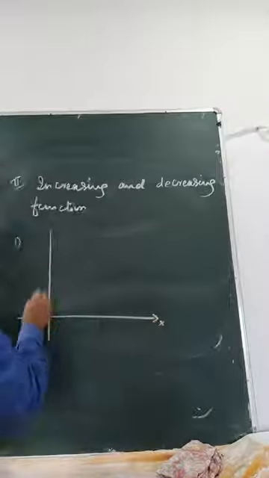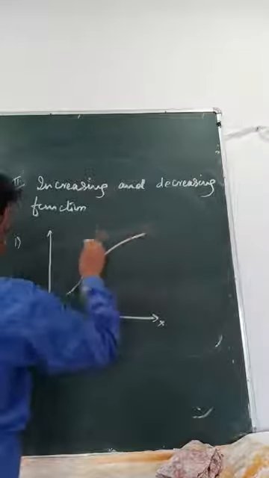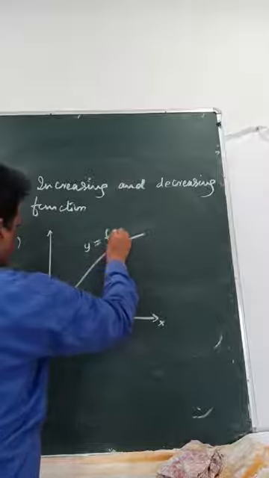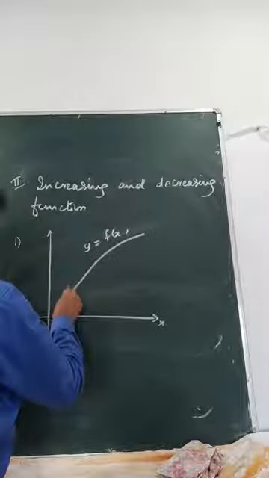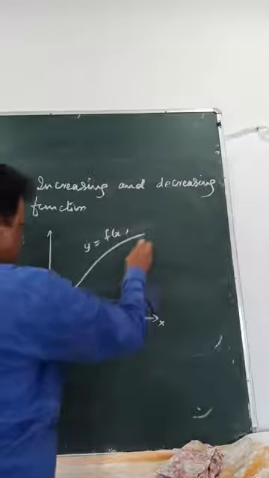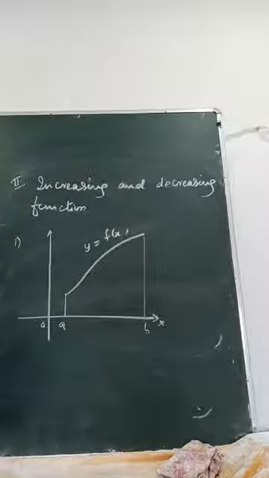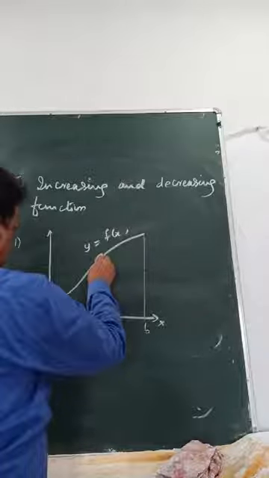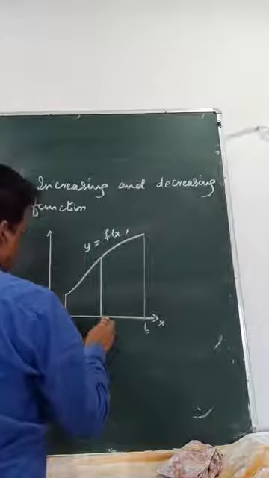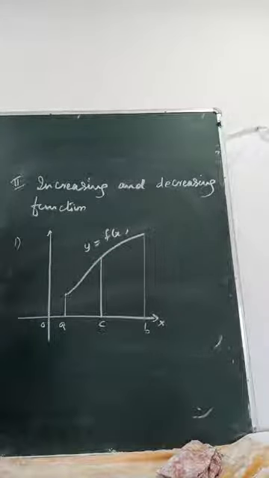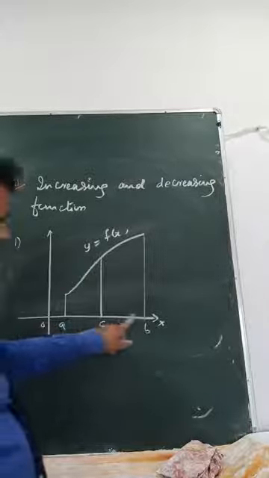Suppose in a Cartesian plane I got a graph y equals to f(x), in an interval, suppose this is somewhere between a, this is b. Okay, so you can see here, you take 2 points. This is your C point. I have taken C is a point between A and B.